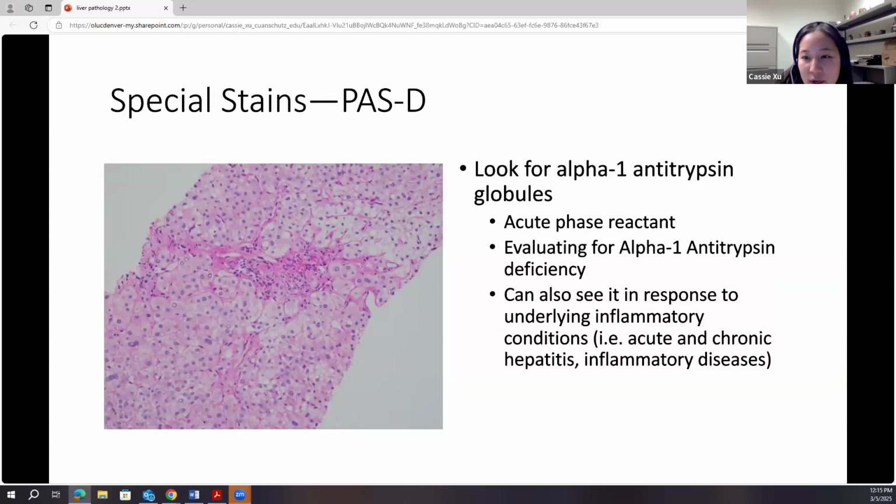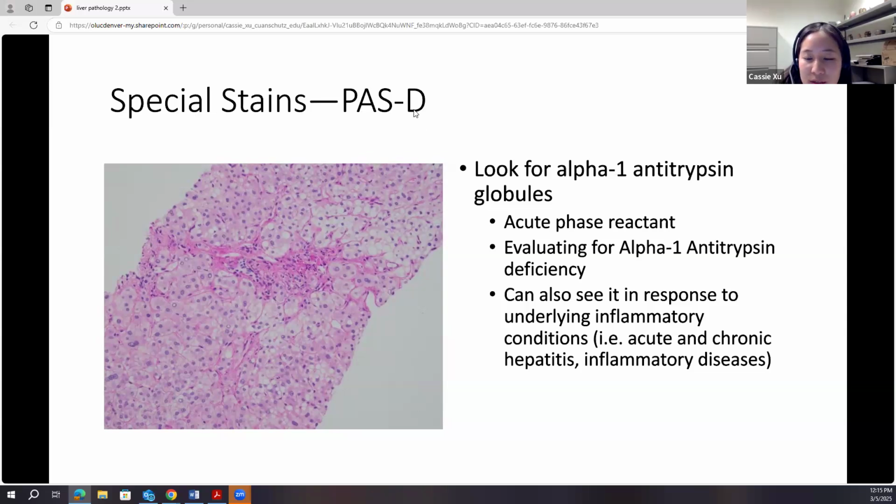And the final stain that we have is the PASD, periodic acid-Schiff diastase. This stain will digest out the glycogen, and what we're looking for here is mainly alpha-1 antitrypsin globules, which is an acute phase reactant, which is also non-specific because it can be seen in underlying inflammatory conditions like acute and chronic hepatitis, inflammatory diseases.